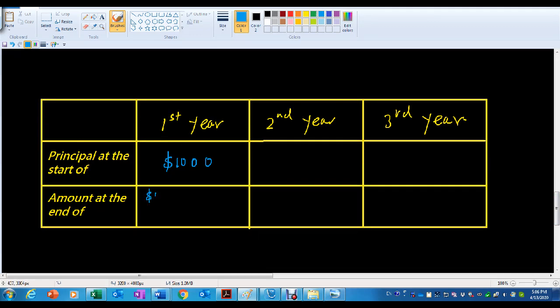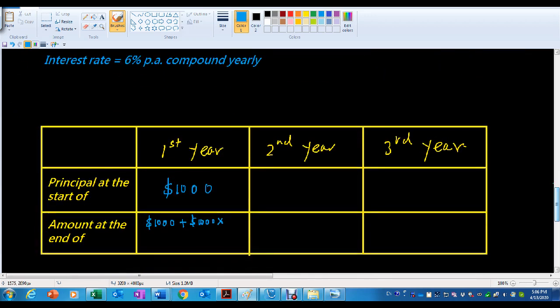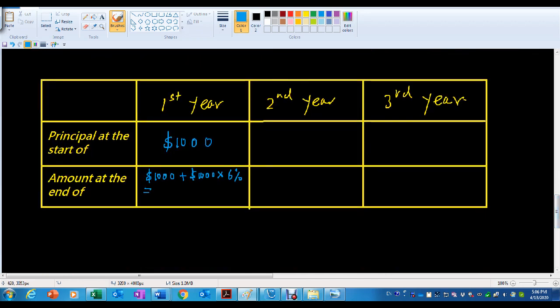You will use that $1,000 plus $1,000 times the interest rate per year, which is 6%. Or you might just write 1,000 times 1 plus 6%, and that number is 1060.